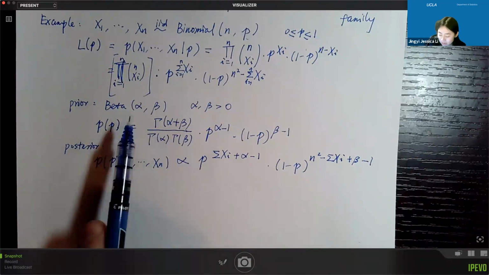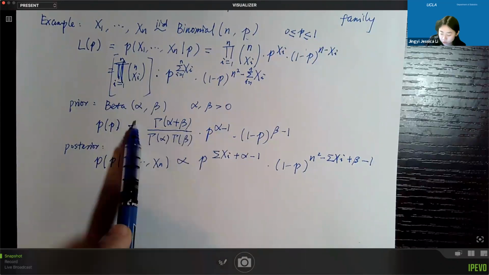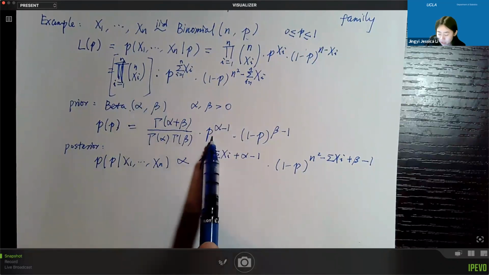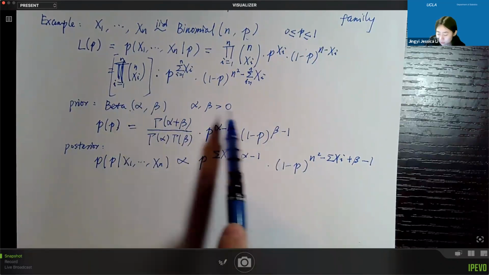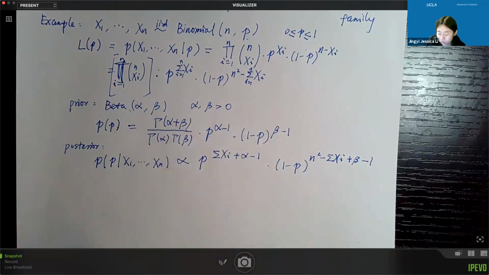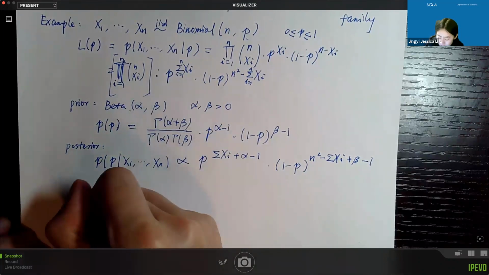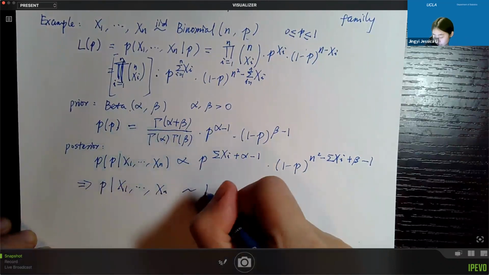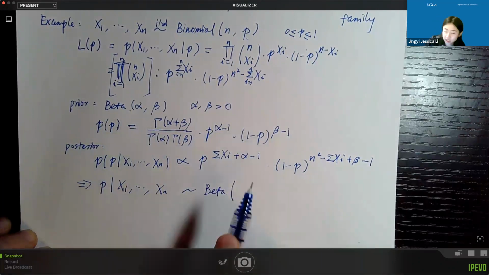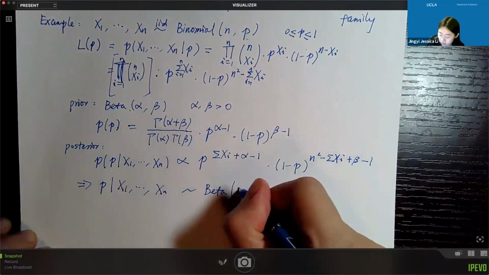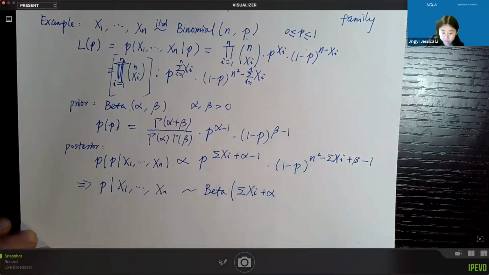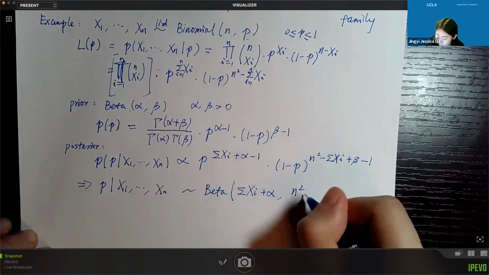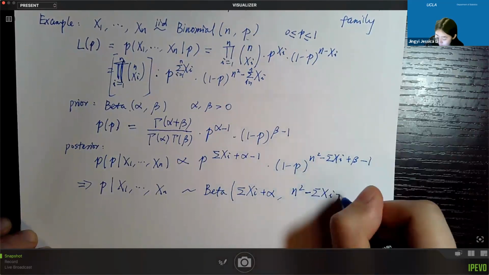So these will be the two new powers in the posterior. And based on that, this density corresponds to beta alpha, beta, right? Alpha is just the power of p plus 1. The beta is the power of 1 minus p plus 1. Then we can immediately recognize that the posterior is still following a beta distribution, and the two parameters now become summation xi plus alpha and n squared minus summation xi plus beta.